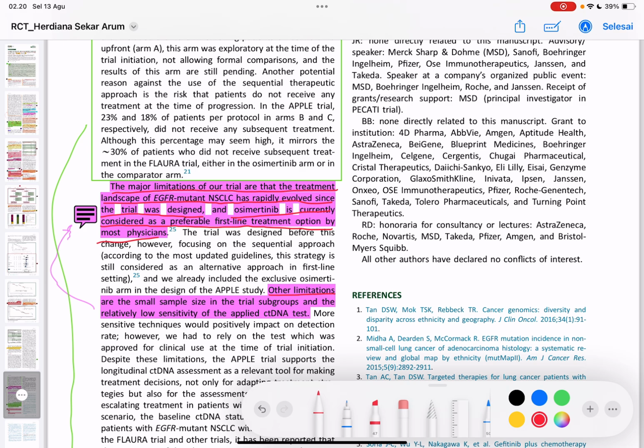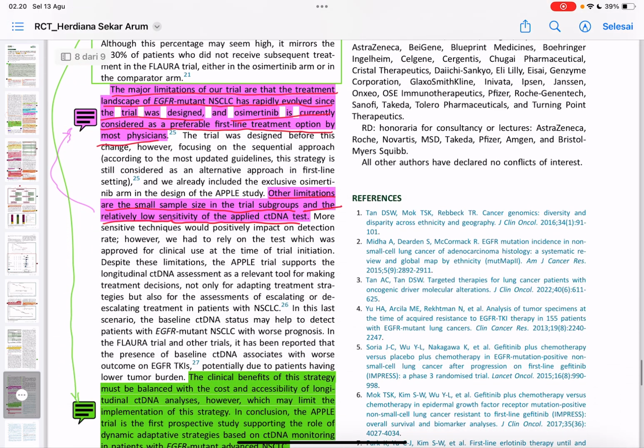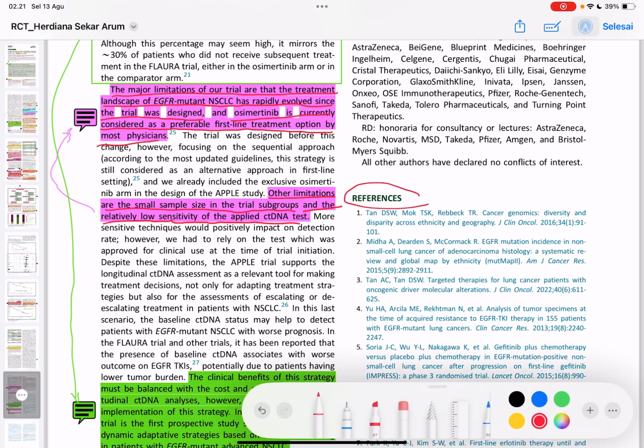Other limitations are the small sample in the trial subgroups and the relatively low sensitivity of the applied ctDNA test. And we finish. For the other information, there are registration, protocol, and funding. This is the reference for the article.